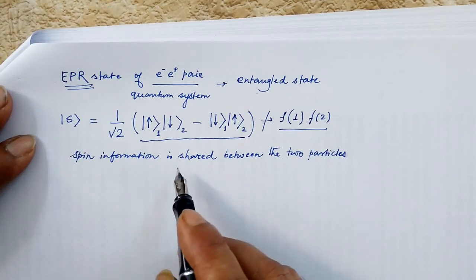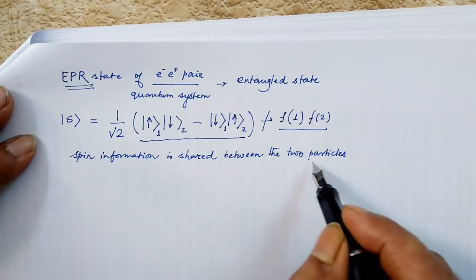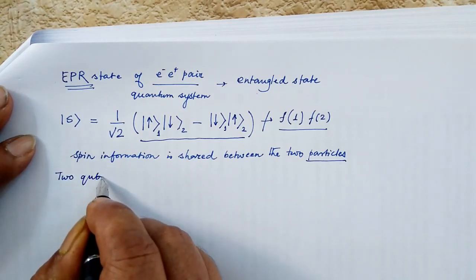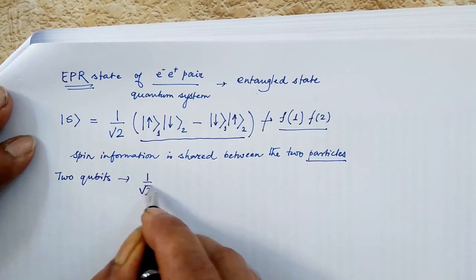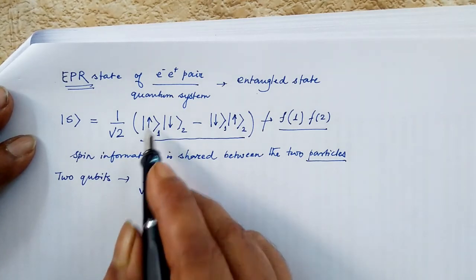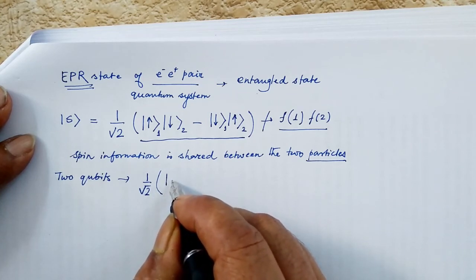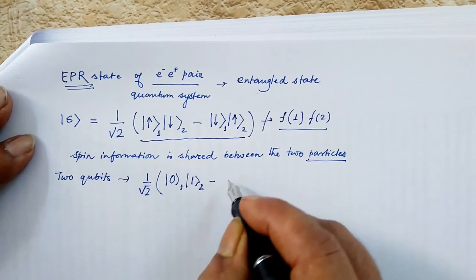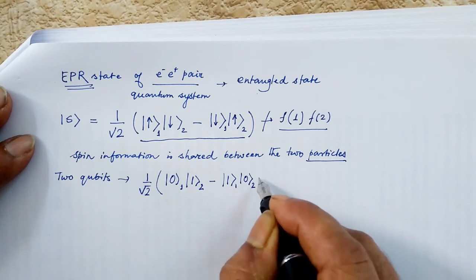Okay. So if we consider this in terms of quantum computing, instead of two particles, if we talk about two qubits, and say we represent this 1 by root 2, the spin up of a state, as say, for example, 0, and spin down as 1, and this is 0 for particle 2.